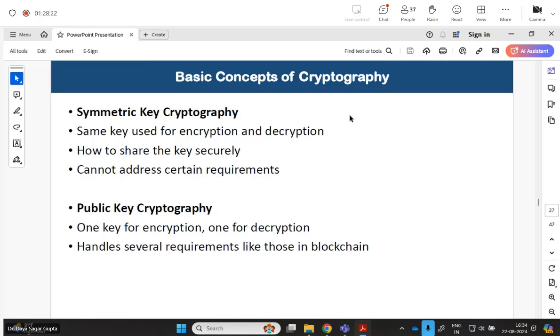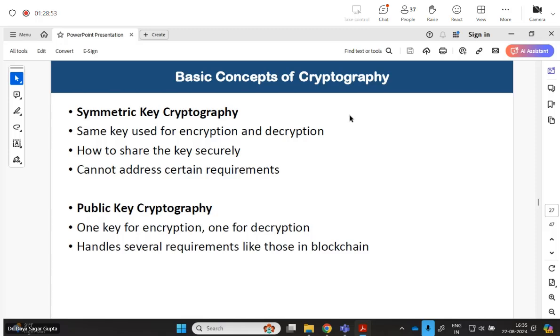Now let us put some emphasis on the concept of cryptography which is being used in blockchain. What is cryptography actually? Cryptography is nothing but secret writing.